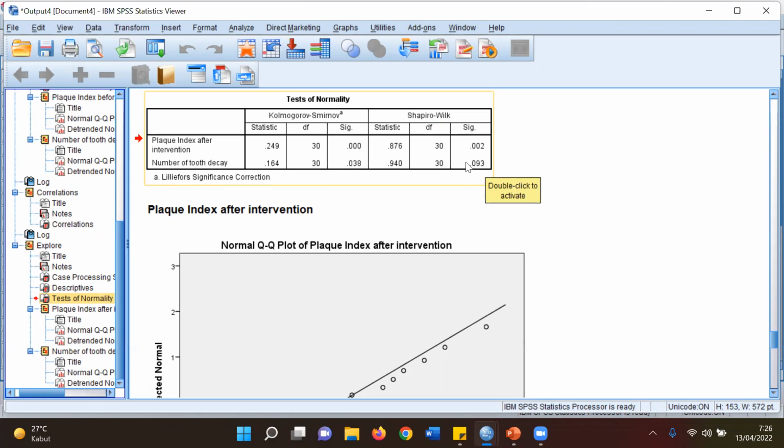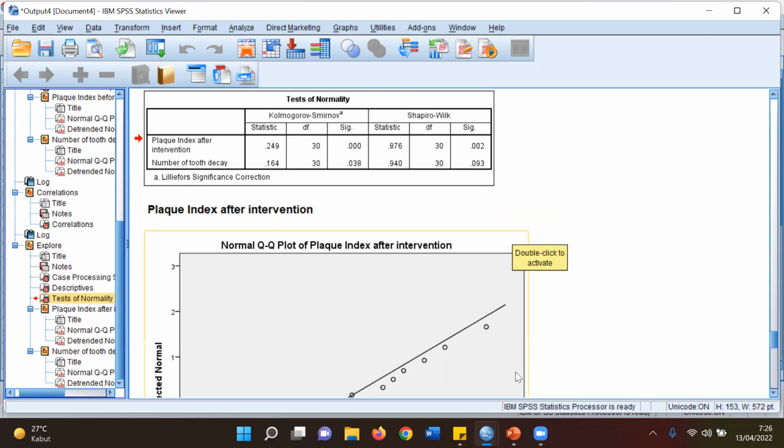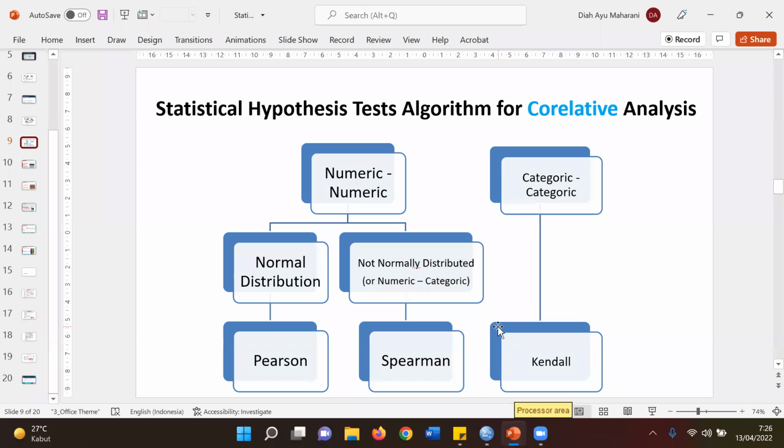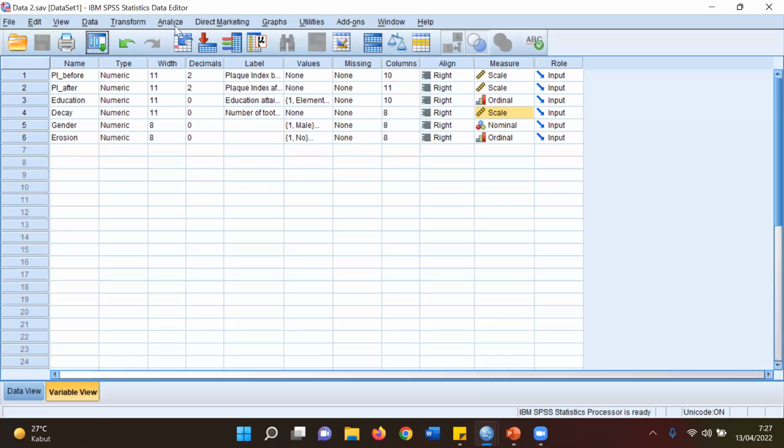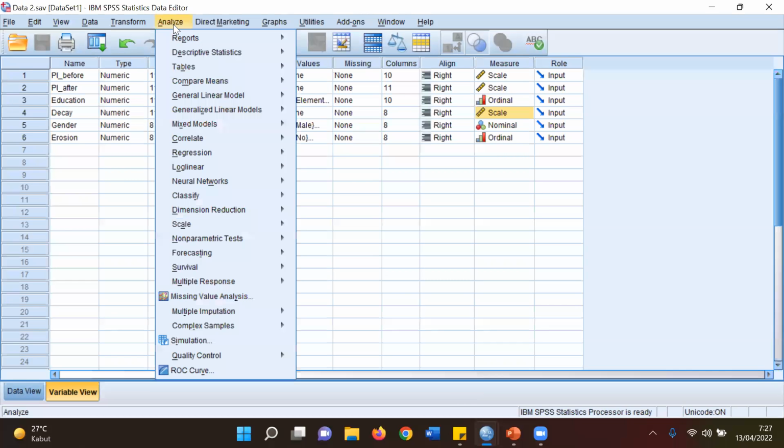So if you have one variable that is normally distributed and the other variable is not normally distributed, if you go again to the algorithm here, you use the Spearman correlation, because for Pearson, both of the variables need to be normally distributed. Okay, so we shall test the hypothesis whether there is a correlation between plaque index after intervention and decay.